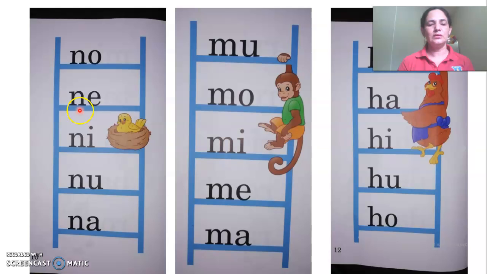No, ne, ni, na, na. One more time. No, ne, ni, na, na. Nest, nest. Nest begins with the blend ne, nest.